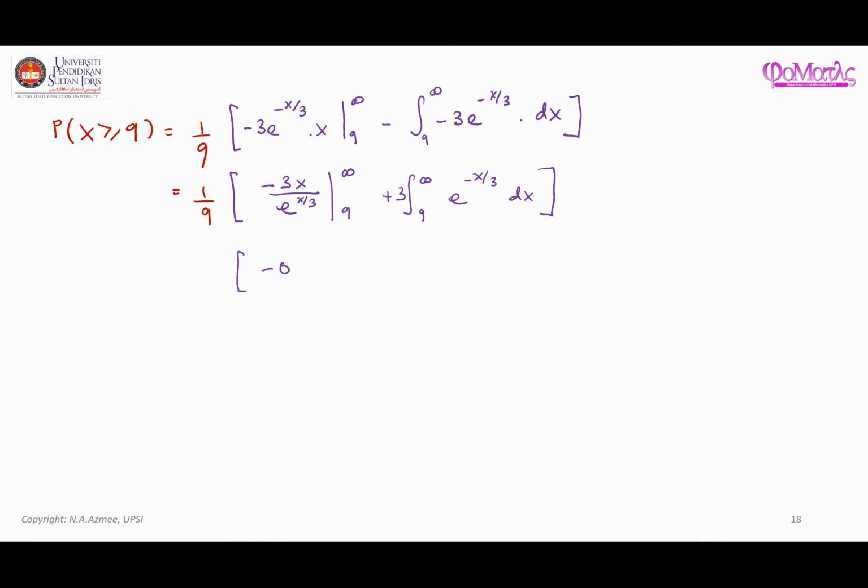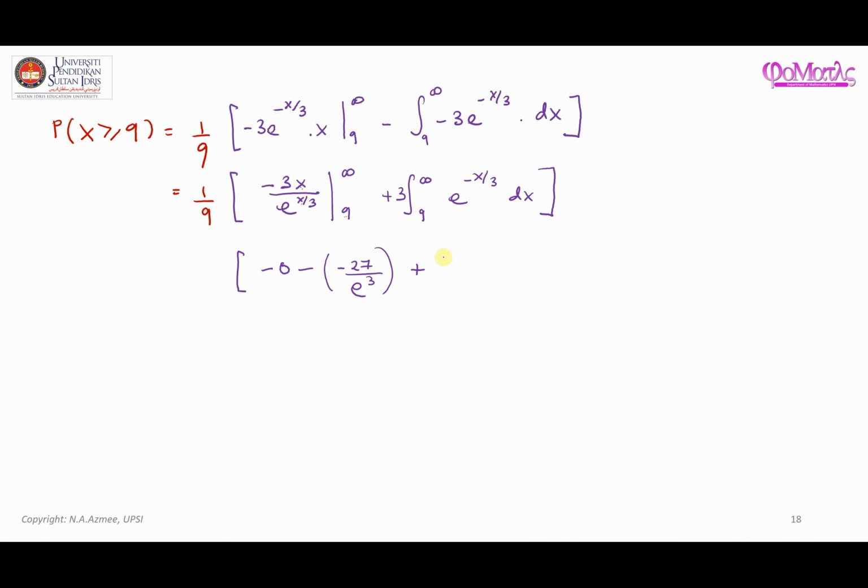So here we have negative 0 minus, now if you substitute 9 into this, you will get 27. Okay, so this is 27. So negative 0 minus, here we've got negative 27 over, now 9 over 3 is e^3. So that's what you have when you evaluate this term with respect to 9 and infinity. You just substitute all the limits.